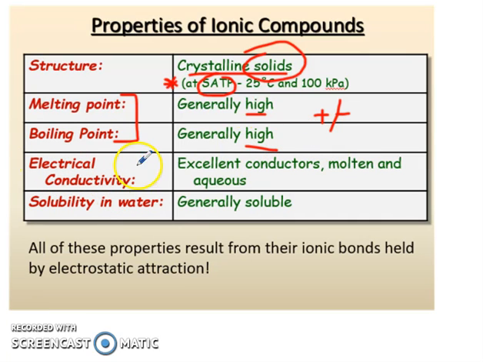Electrical conductivity. What we're referring to here is conducting electricity. Ionic compounds are actually excellent conductors of electricity, but not when they are in their solid structure. They either have to be molten, which means they are melted down into a liquid form, or they are aqueous.